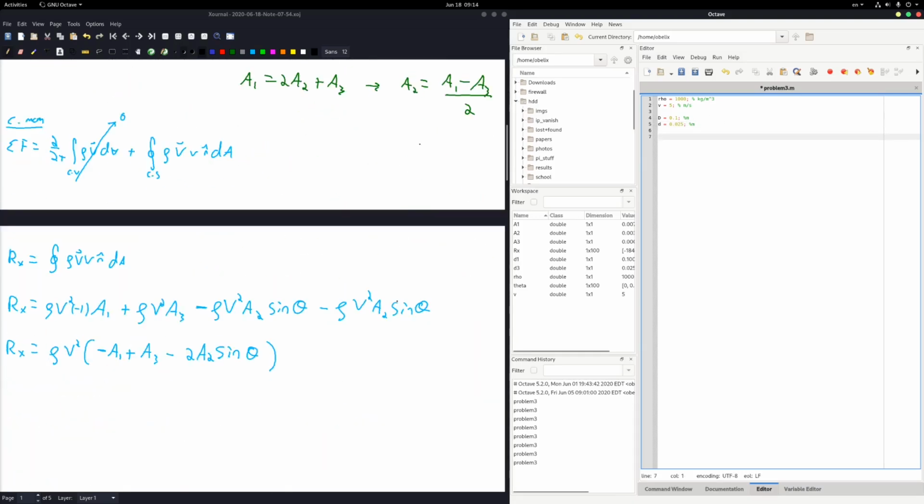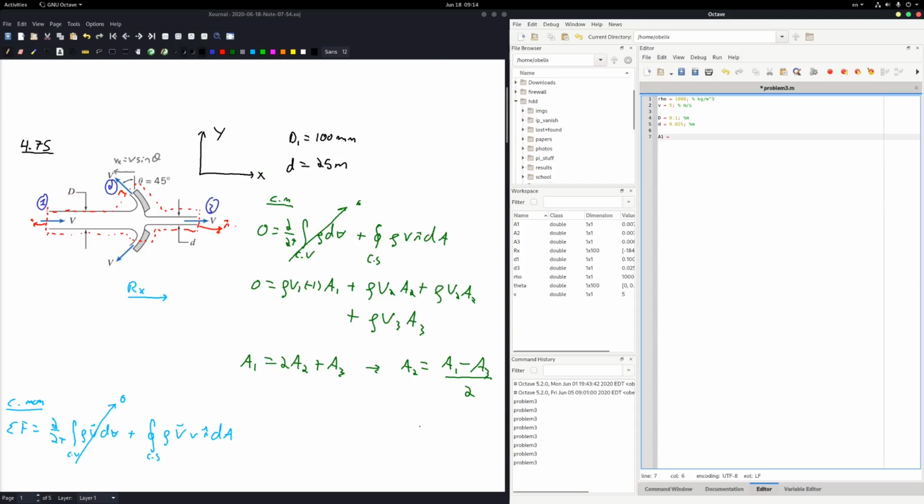And next, we need the areas. So area 1. Area 1 is defined by the bigger diameter here, so we're going to do pi times bigger diameter 1 squared, times 2 divided by 4.